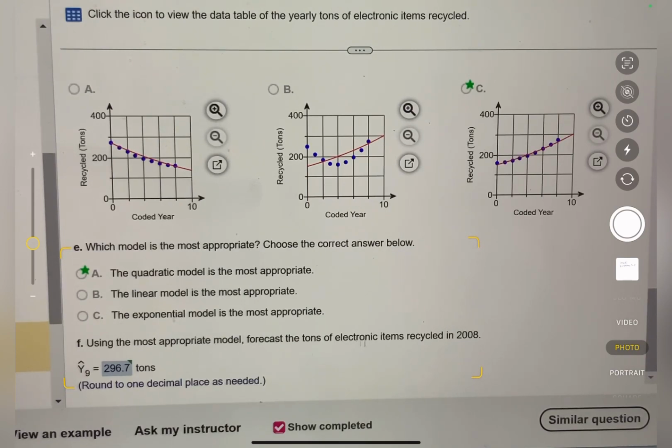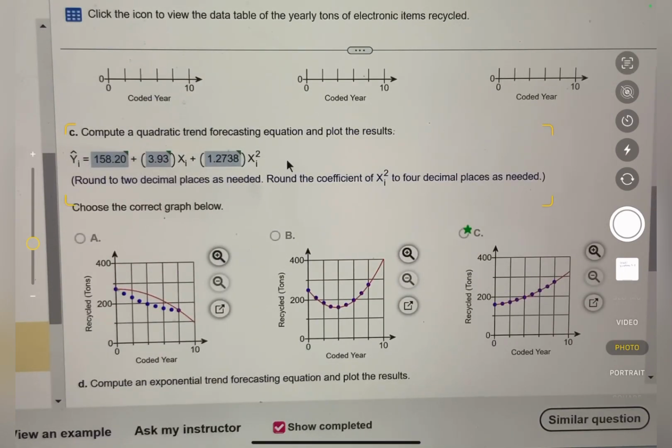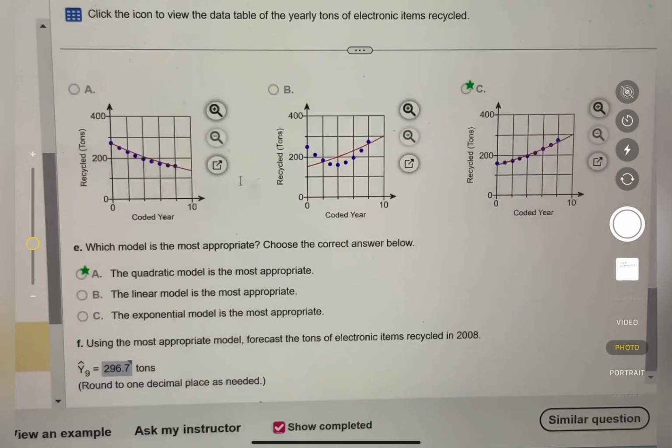So 2008 minus 1999, you're going to get 9. That's why it says 9 here. It's already helping you. So all you're going to do is plug 9 into this quadratic trend model. 9 squared is 81, here it's going to be 9, and then add them up, and you should get 256.7. And that is number 12.